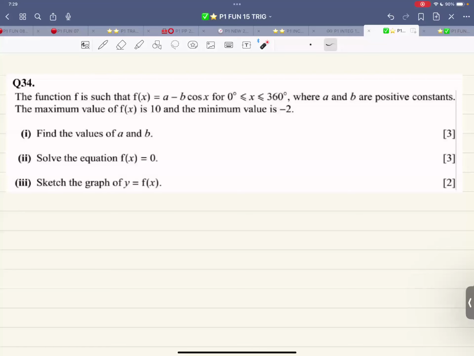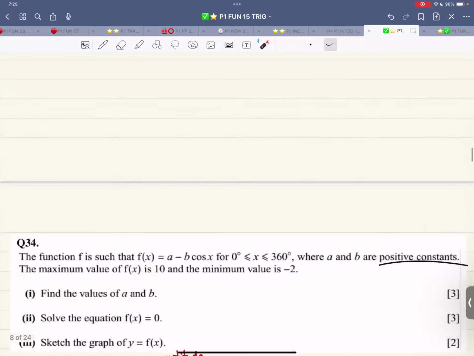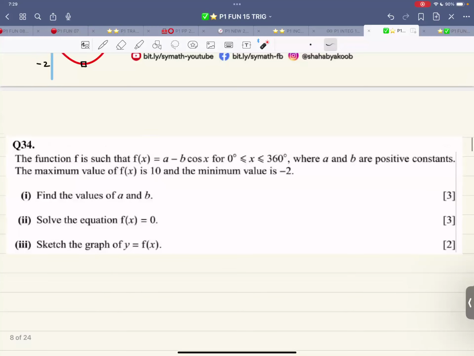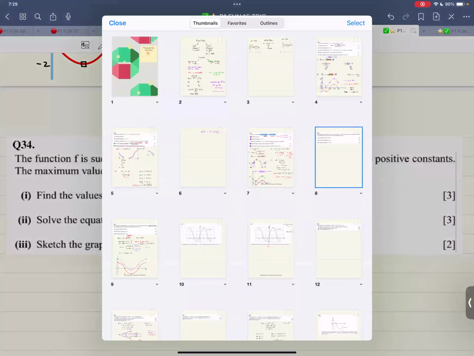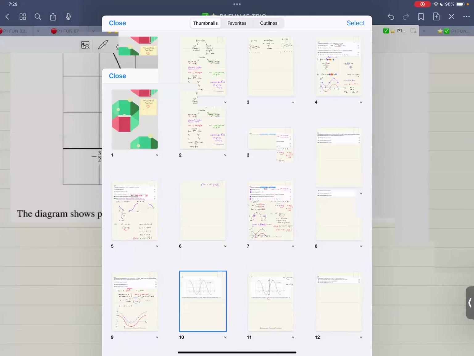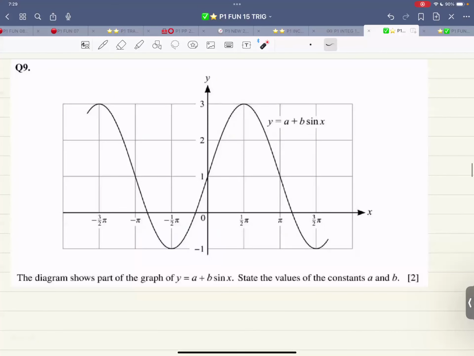Now, another question over here. Before this question, let me just shift around a bit. Let me first go to this particular question. Have a good look at it. This question says the diagram shows part of the graph y equals a plus b sine x.